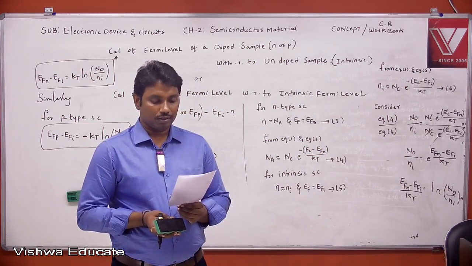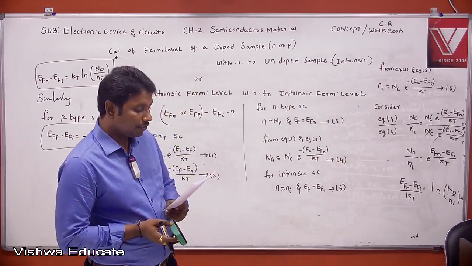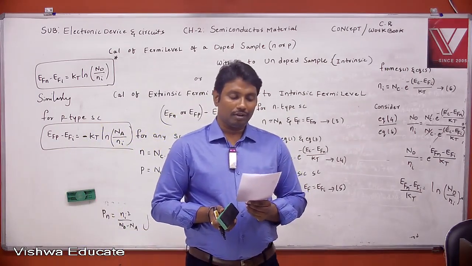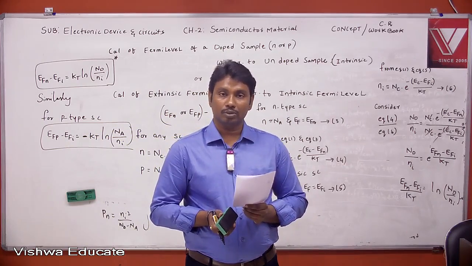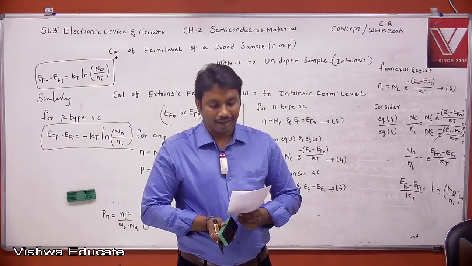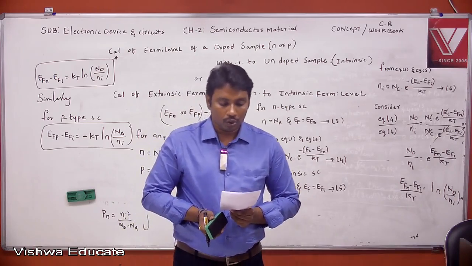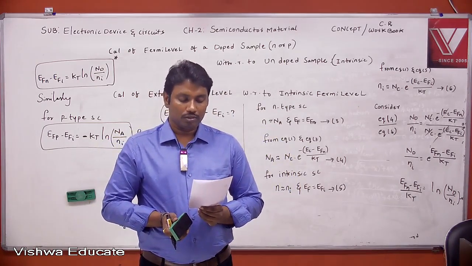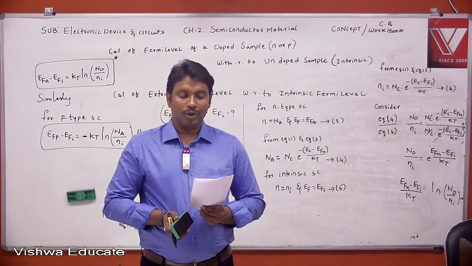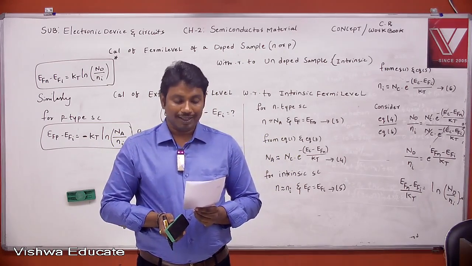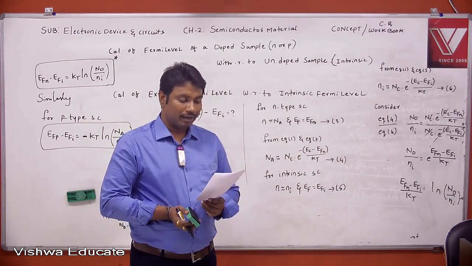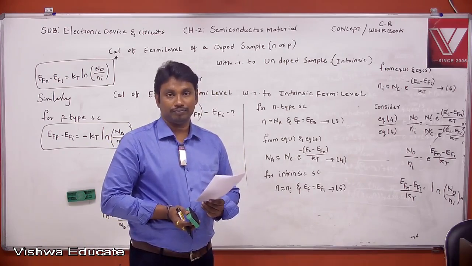Find the Fermi level of the doped sample with respect to the undoped sample, if Ni equal to 1.5 into 10 power 10 per centimeter cube, right?